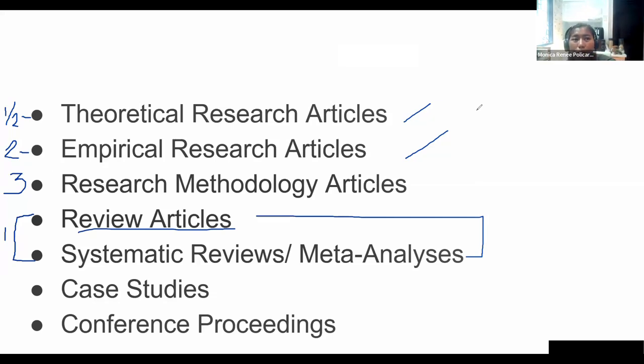So pwede rin naman sa iba kasi kahit hindi nila fina-follow yung conventional, basta alam nila kung ma-justify nila, no, in a theoretical and technical sense why they are doing so. But at our level, for undergraduate level, we're simply borrowing other people's ideas and testing them. Okay, so that's how clear you should be when it comes to your goal when you are reading journals.